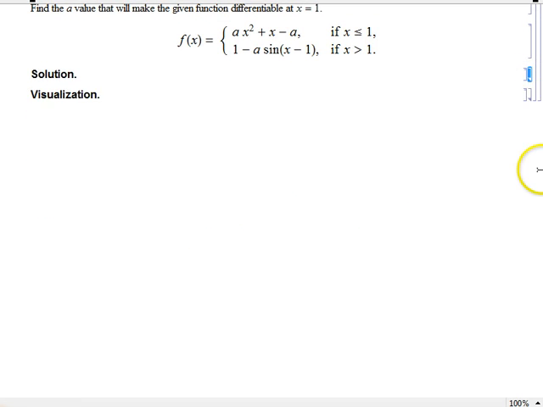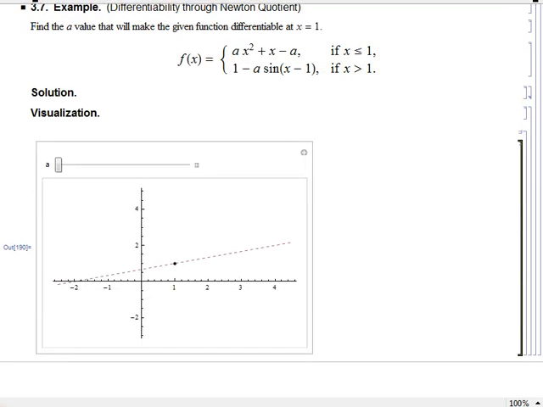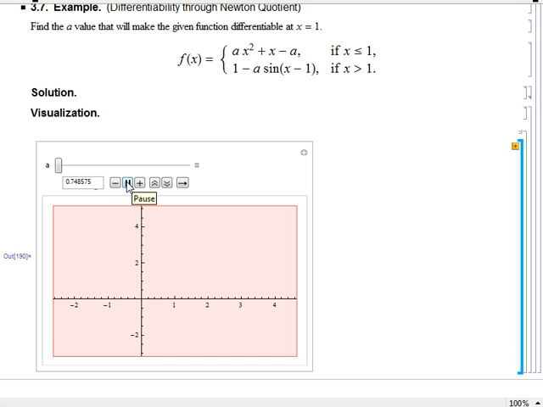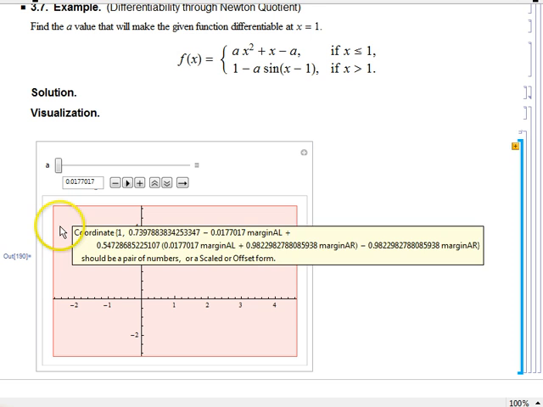And let's visualize that. Let's justify that with this visualization. And here it is. I hope this visualization works. Okay, something is not right with this Mathematica program.